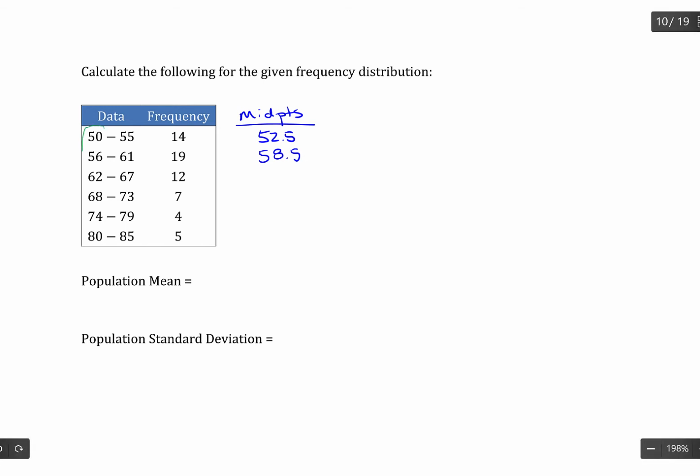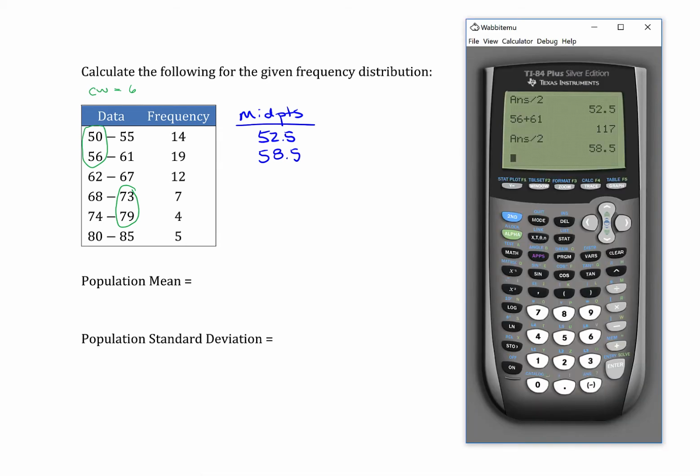And similarly, if I take any two consecutive lower class limits or consecutive upper class limits, the difference is 6. That's what's known as the class width of the data set. Now, knowing that, I could get the first midpoint and just repeatedly add 6 to each one of those.